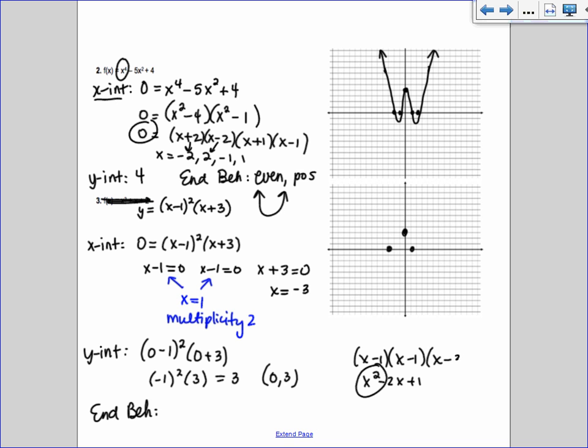Now if I multiply by an x plus 3, what's the very first term? x cubed. Do you guys see how this is going to start out with an x cubed? That's all we're worried about for the end behavior, just the very first term. So it's x cubed, which means it's going to look like this on the ends. So I'm going to have one down and one up.